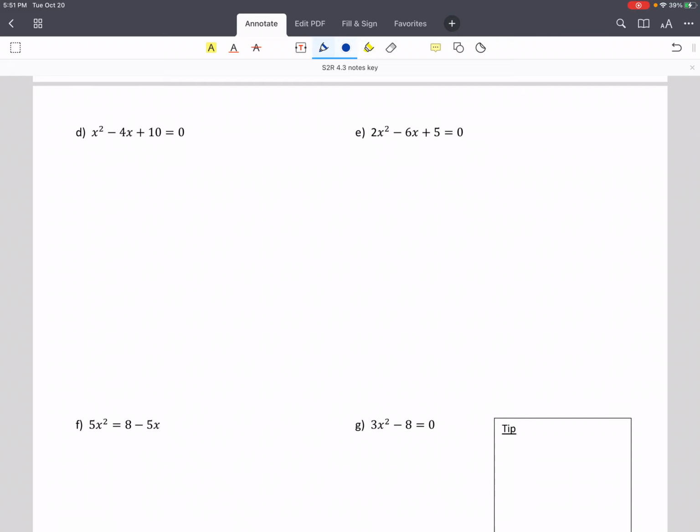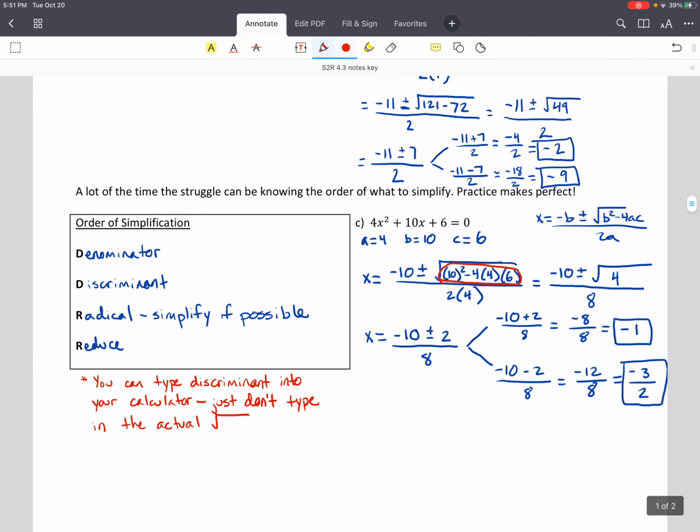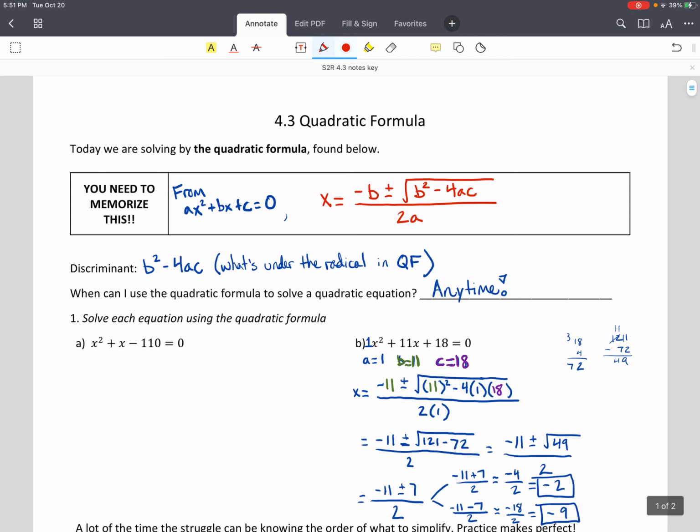As we're going into these more complicated examples, what I want to point out is, if we look back at this quadratic formula, this is equal to 0.